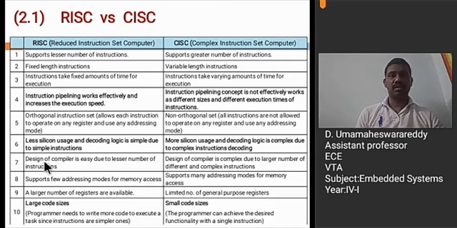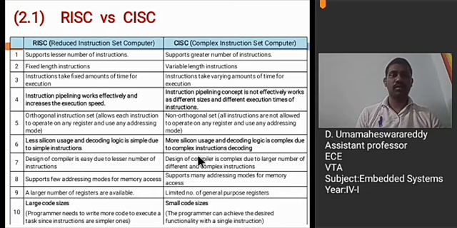Next, in RISC, design of the compiler is easy due to the lesser number of instructions. Generally, what is a compiler? A compiler is one which converts high-level language into assembly code. As assembly instructions are fewer, the conversion process is easy, so the design of the compiler is also easy.